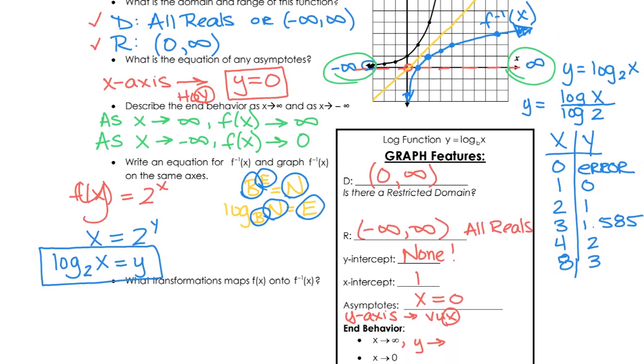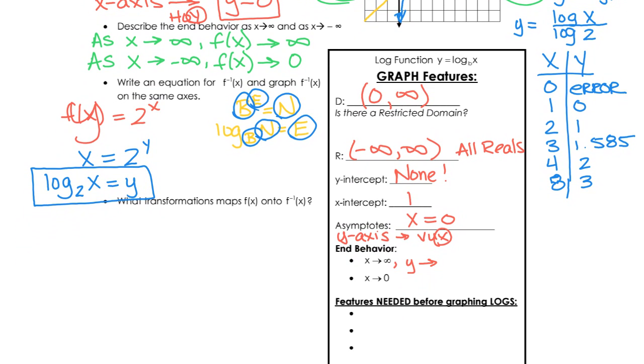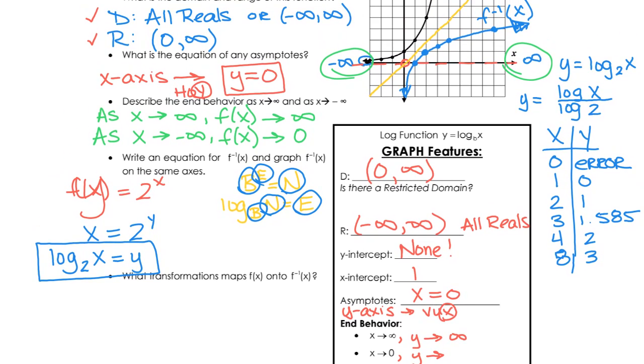As x approaches infinity, which is this side on the right, your arrow is still going slightly up, and therefore y approaches infinity. As x approaches 0, what is y approaching? If we go back up and take a look, as x gets closer and closer to 0, your y values are going down, down, down. And so we'll say negative infinity.